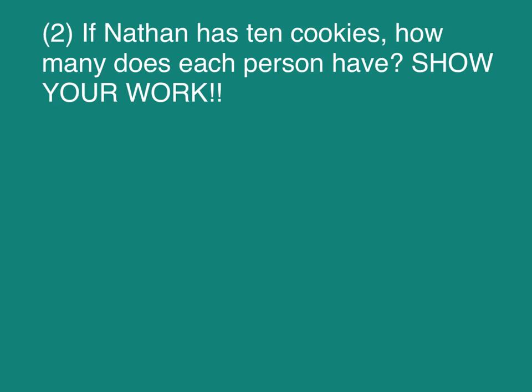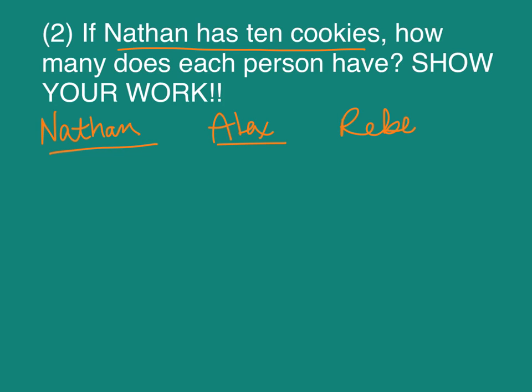So my next page, it tells us that Nathan has 10 cookies. And then it asks us how many does each person have. So I need to figure out for each person. I've got 3 people. I've got Nathan, Alex, and Rebecca. Okay. So Nathan has 10. The expression for Nathan was simply n.